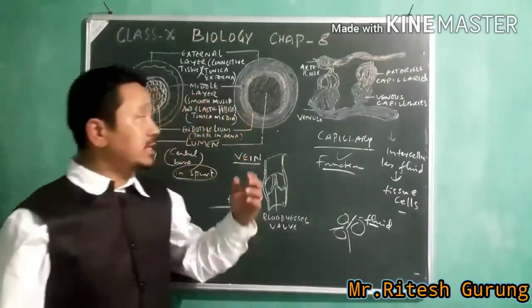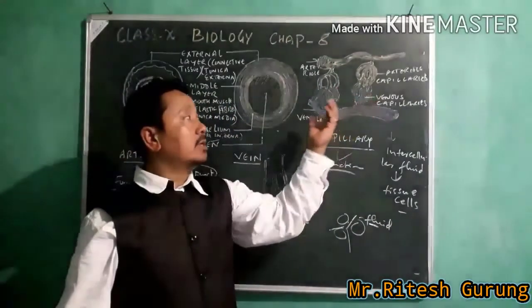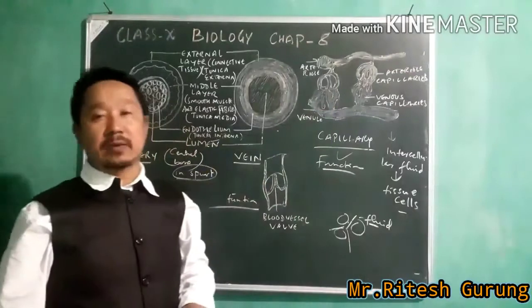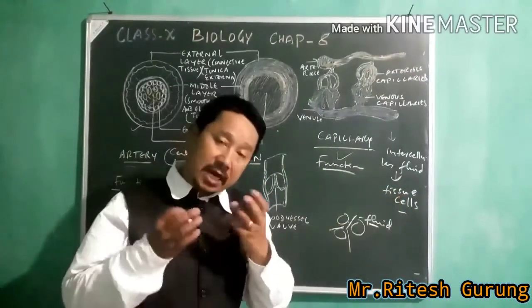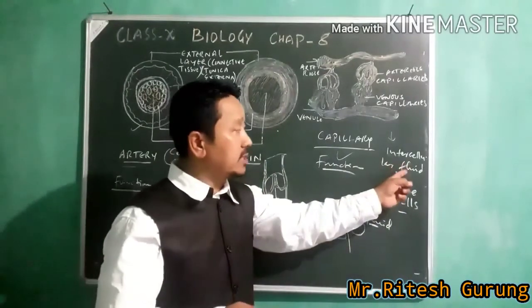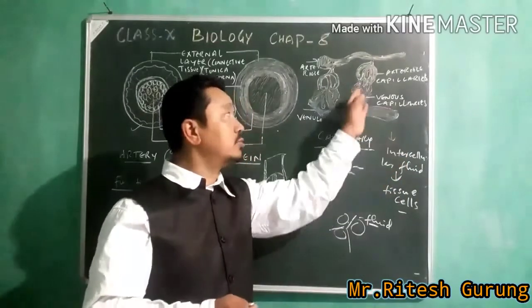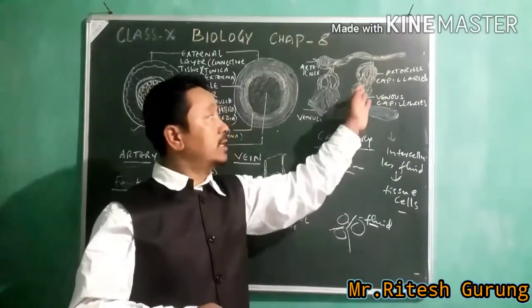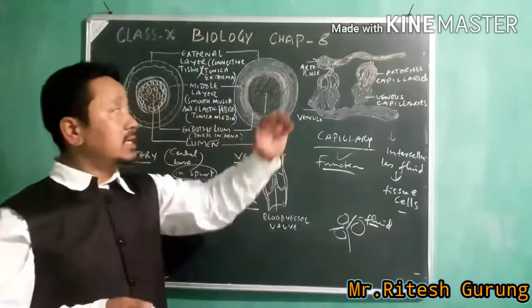Okay, in the same way it also allows the inward diffusion of carbon dioxide. Once the oxygen is taken to the cell, carbon dioxide is formed. That carbon dioxide is collected by the intercellular fluid, then from intercellular fluid back to the capillary. That means it will allow the inward diffusion of carbon dioxide into the capillary.